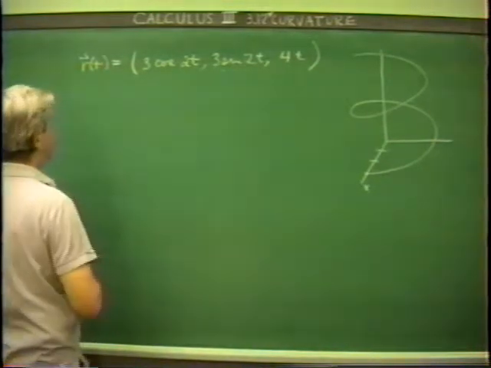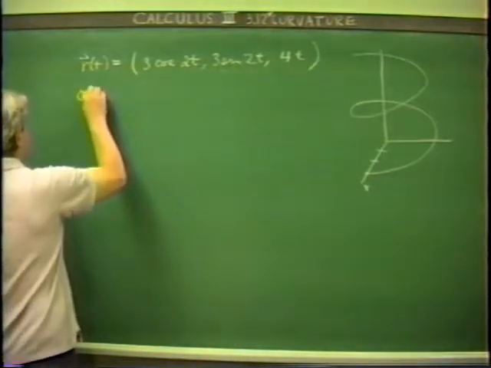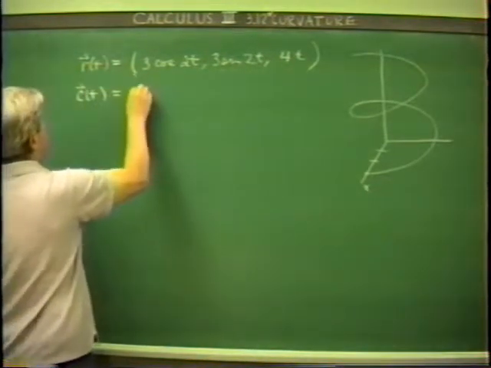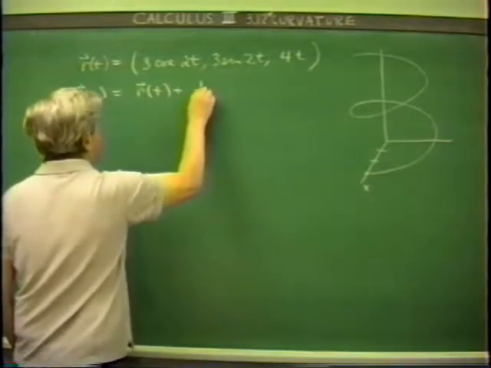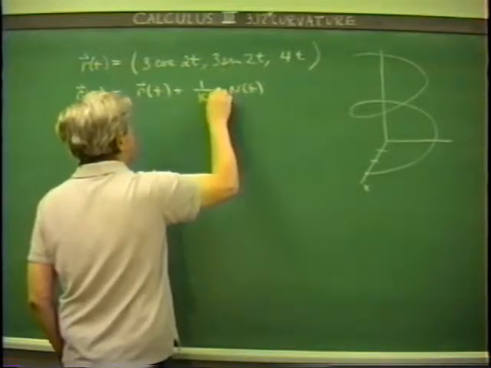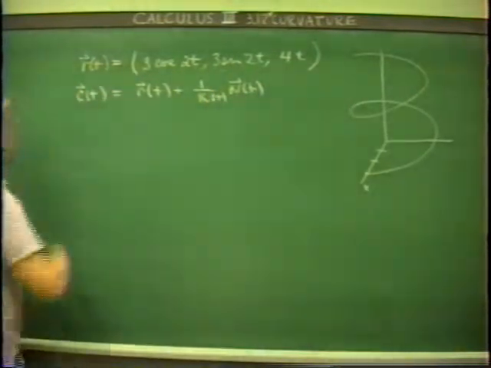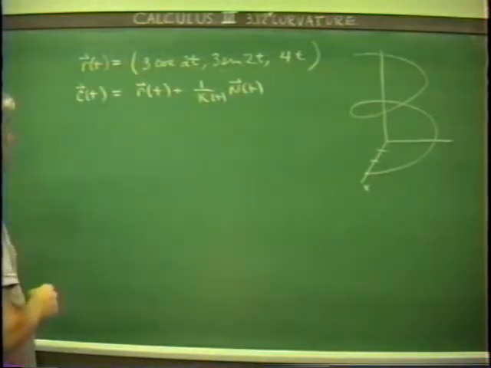What we want to do is compute the curvature, which we expect to be constant here, and we wish to compute the center of curvature, c of t, which we'll get by looking at r of t plus 1 over kappa n of t.